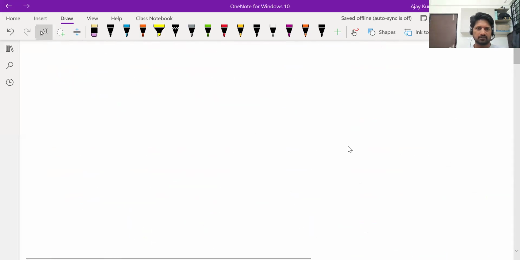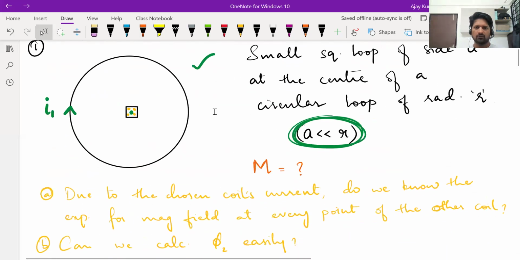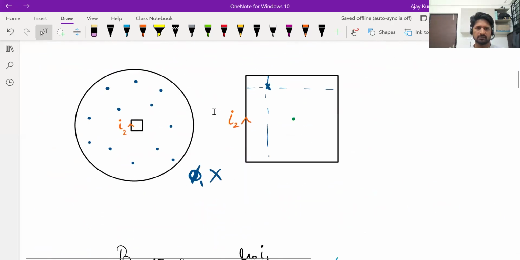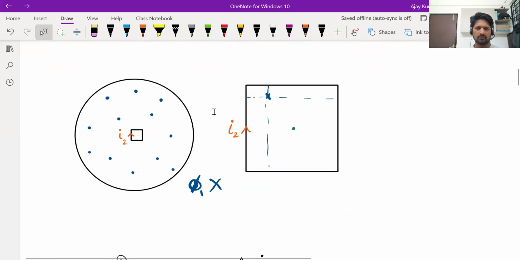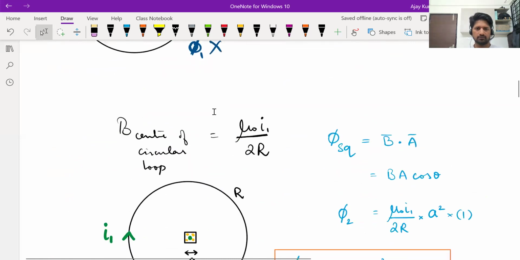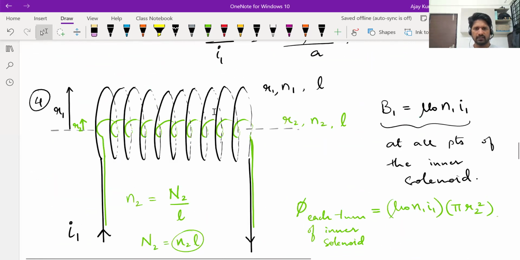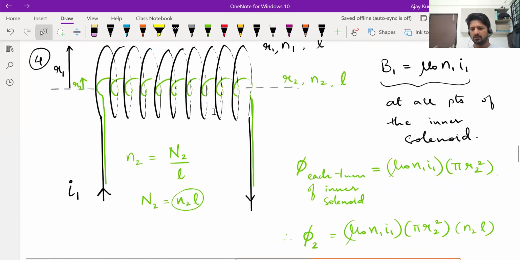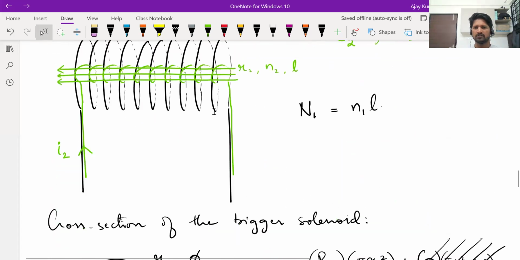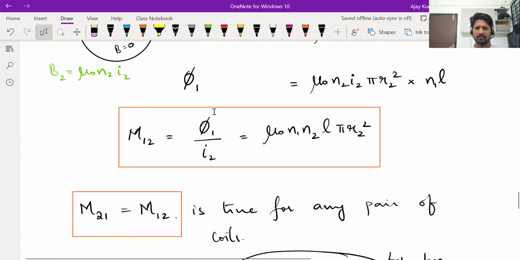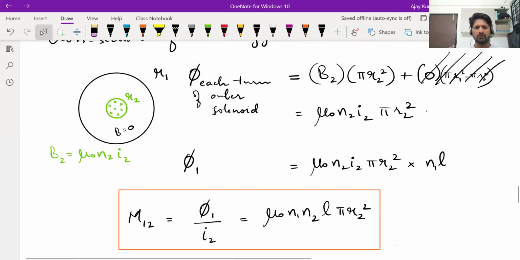So what all have we discussed today? How to find out mutual inductance in some cases. Square and circular loops, one outside, one inside, we have done that. Then in one particular case of two coaxial solenoids of the same length, we proved that M21 is equal to M12, and that result is true in all cases.